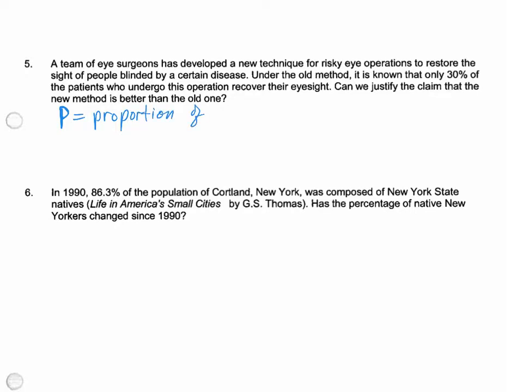of patients who use the new eye surgery method. Patients who undergo surgery with the new method.